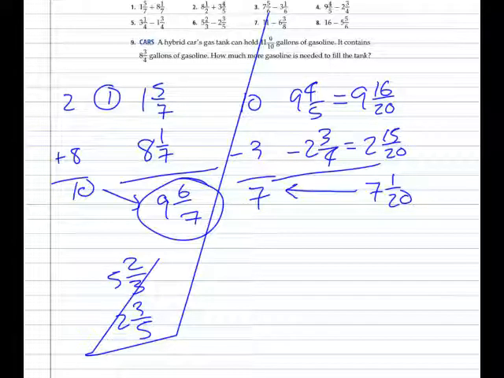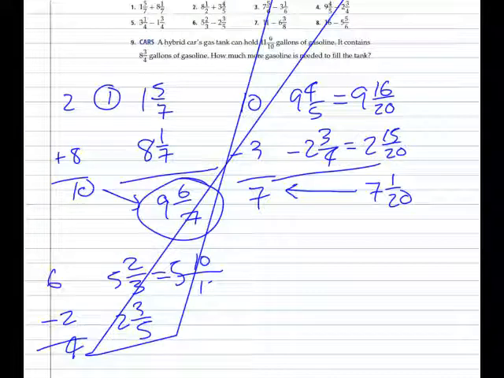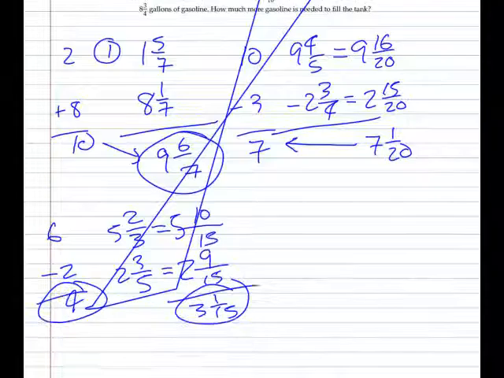Our estimate would be 6 minus 2, or about 4. 5 2/3 would become 5 and 10/15. 2 and 3/5 would be 2 and 9/15. So 3 and 1/15 would be my answer. A little lower than my estimate, but reasonably close.